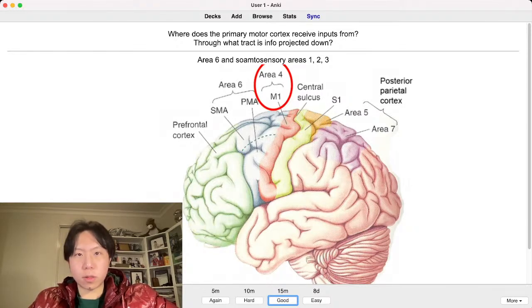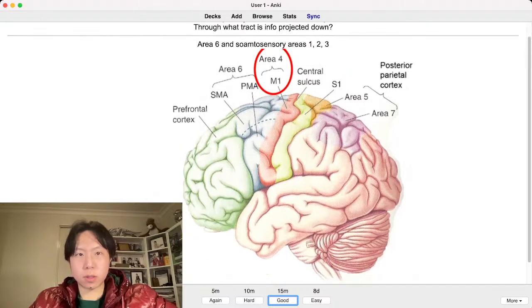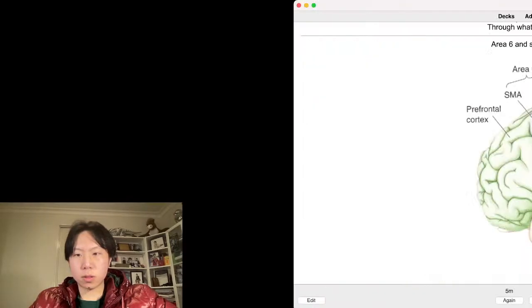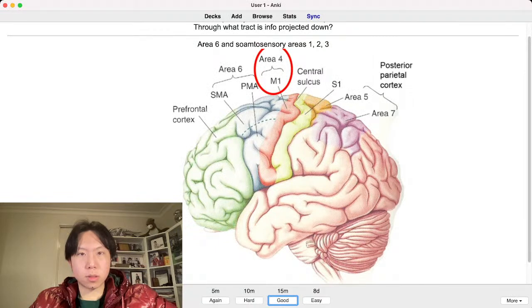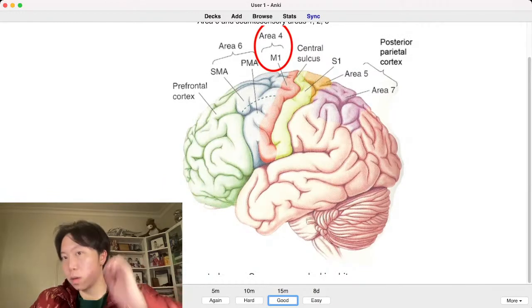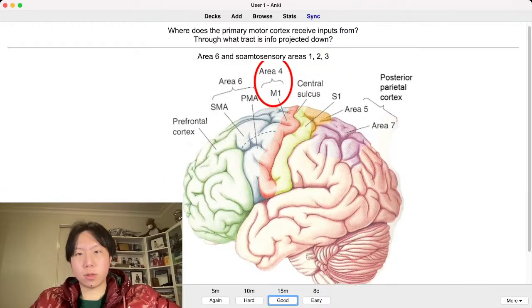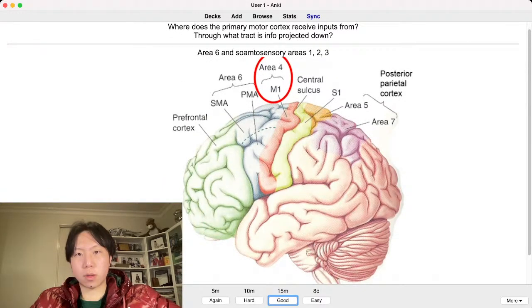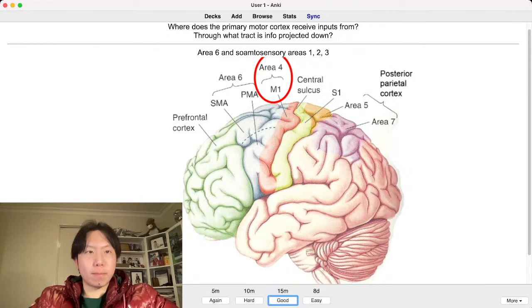Where is that even? Area 6 and somatosensory areas 1, 2.